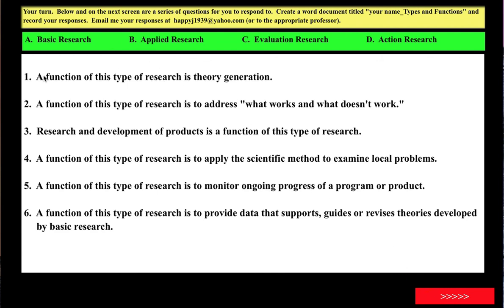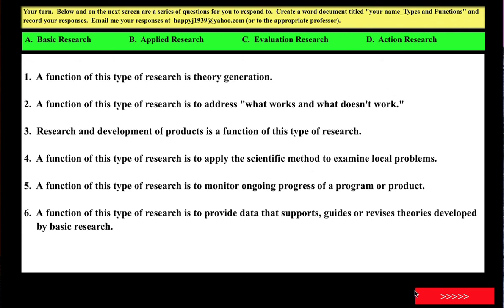Here you have some questions. So here you have the 4 functions of research: basic, applied, evaluative, and action. A function of this type of research is theory generation. So you would select A, B, C, or D. So you can put this into a Word document and answer those.